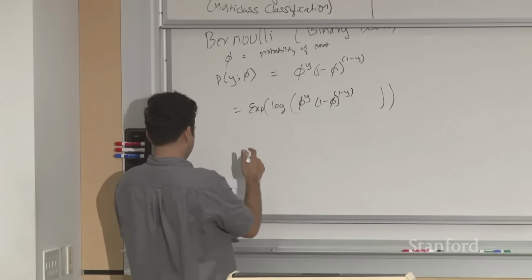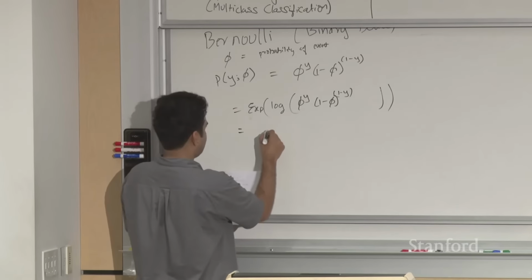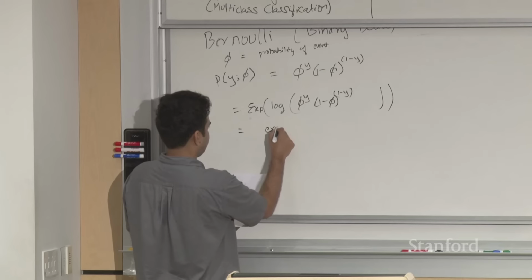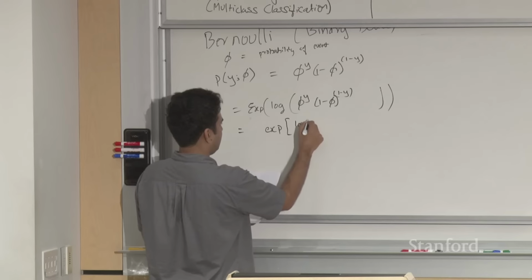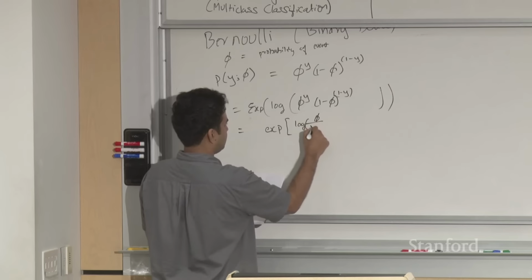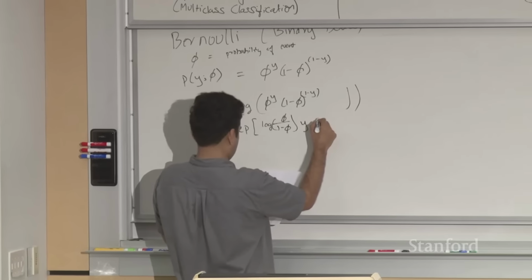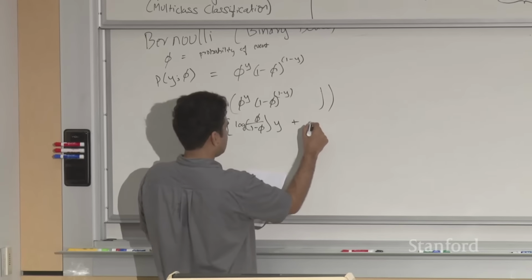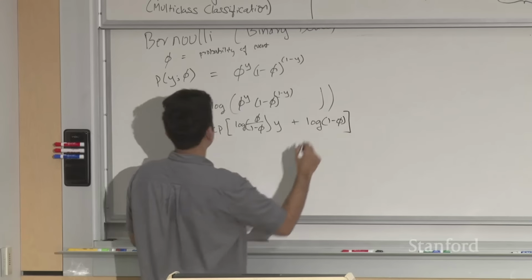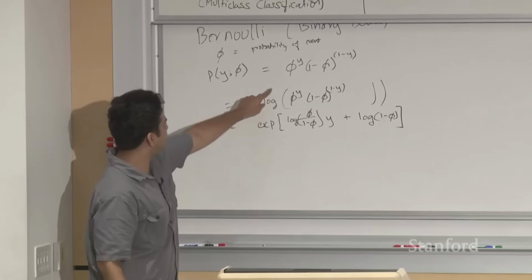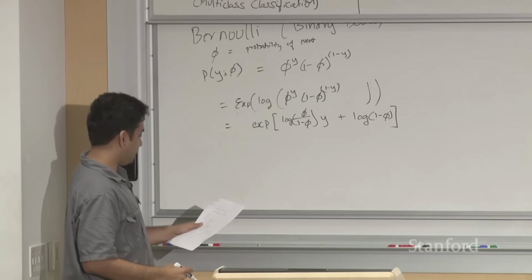And if you do some more algebra, we will see that this turns out to be exp of log of phi over 1 minus phi times y, plus log of 1 minus phi. It's pretty straightforward to go from here to here. I'll let you guys verify it yourself.